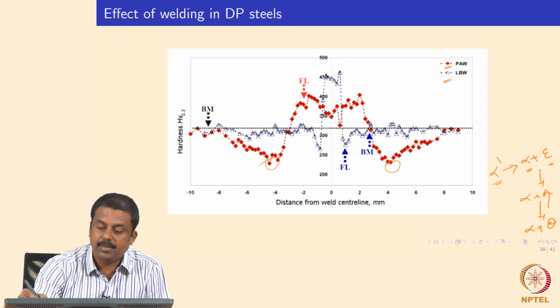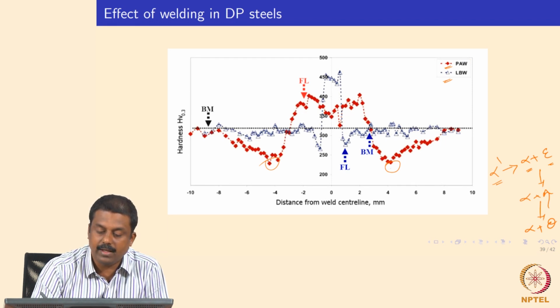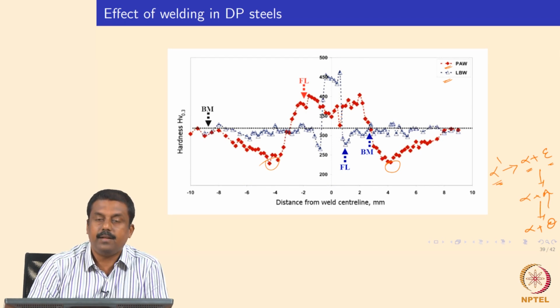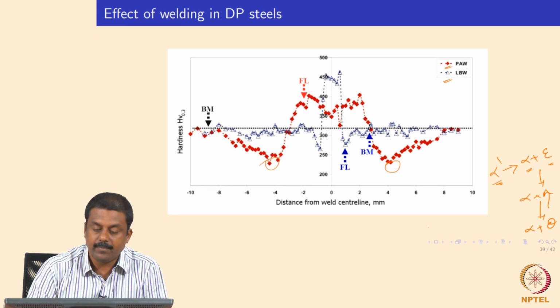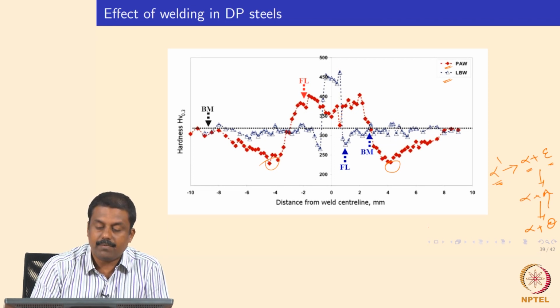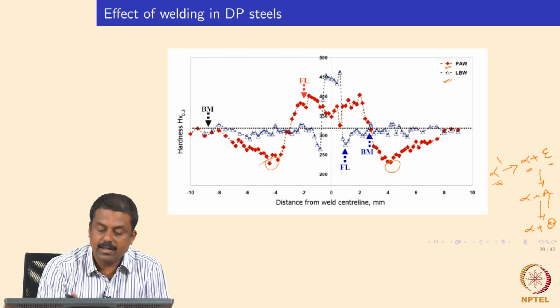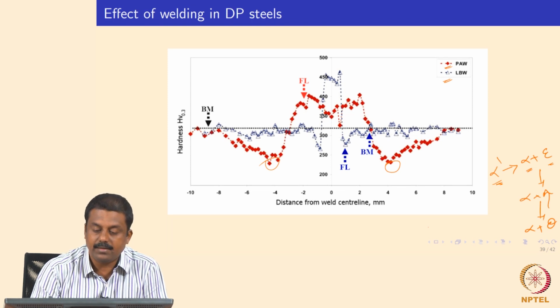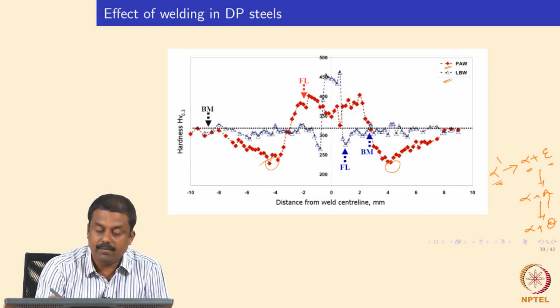In both cases, especially in plasma welding, the effect is very significant. You would observe a significant amount of softening because of the tempering of martensite, when the peak temperature is below A1 temperature, in the heat affected zone. Only thing is, the effect is not significant in laser welding because of the very narrow temperature region, the narrow weld region.